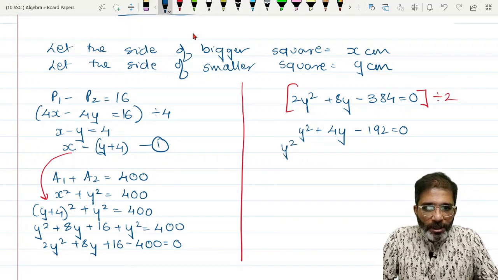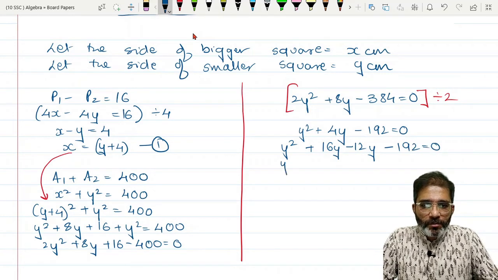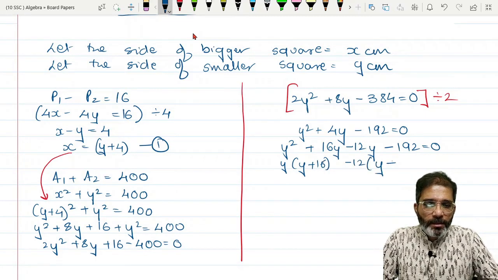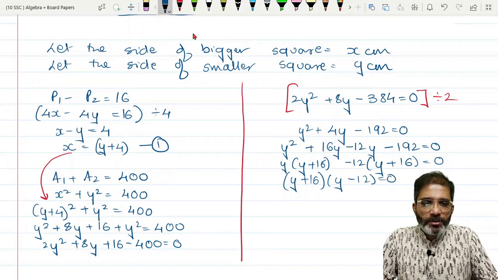So the numbers are 16 and 12, so it is plus 16 and minus 12. So we take y common, y plus 16, minus 12 common, y plus 16, the sign will change, students, so we get (y plus 16)(y minus 12) equal to 0.